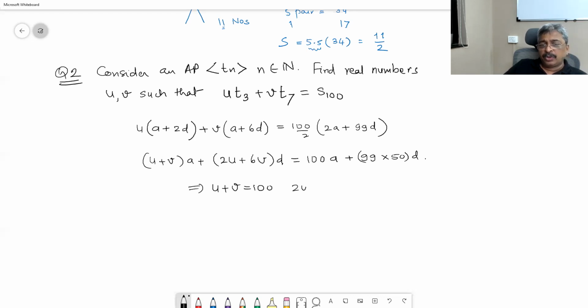And 2U plus 6V is equal to 99 into 50, that is 4950.